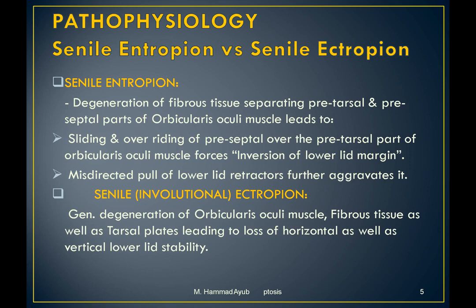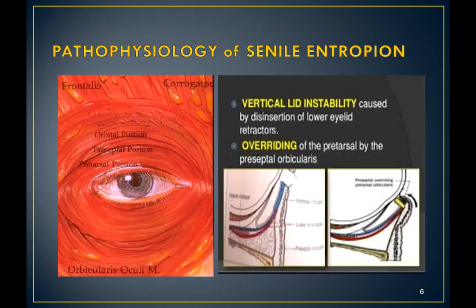Now, in the next slide, I will briefly review the pathophysiology of senile Entropion versus senile Ectropion development. Senile entropion develops due to degeneration of the fibrous tissue separating pre-tarsal and pre-septal parts of orbicularis oculi muscle. See in the next slide.